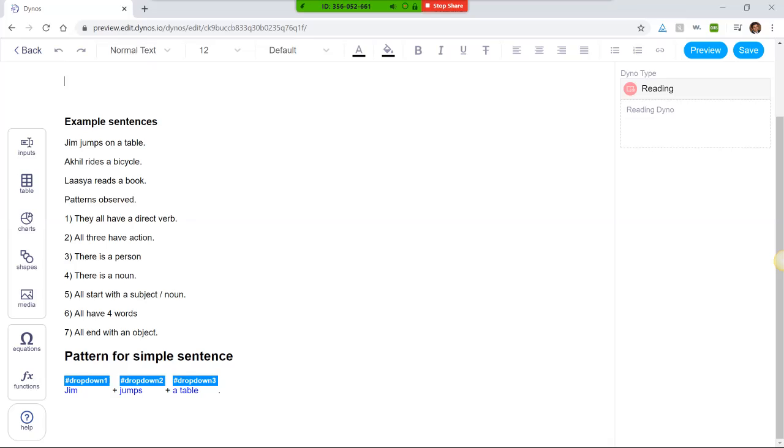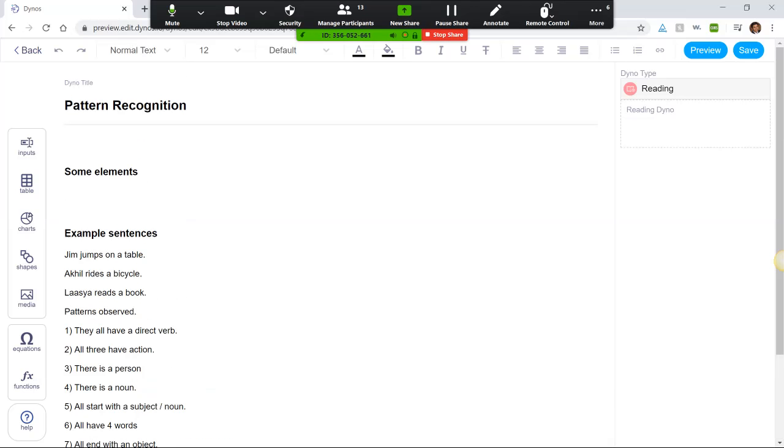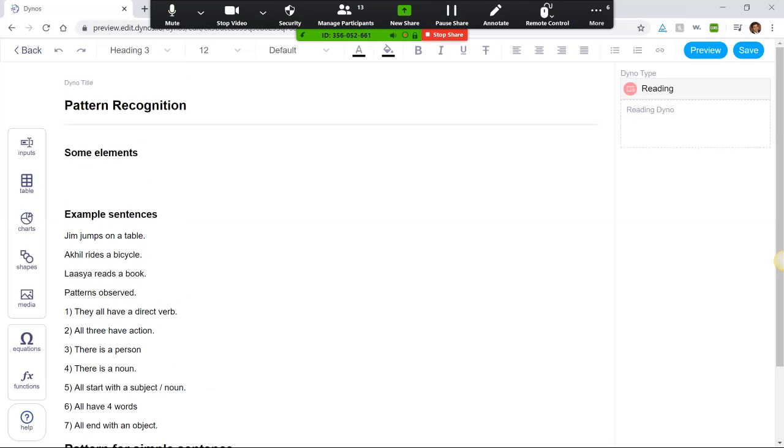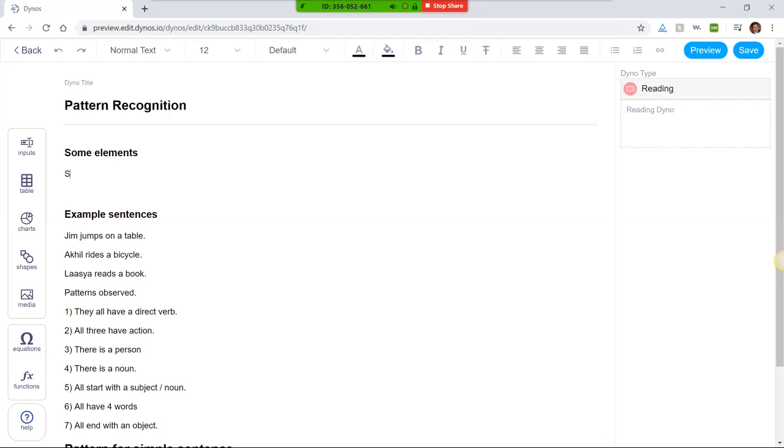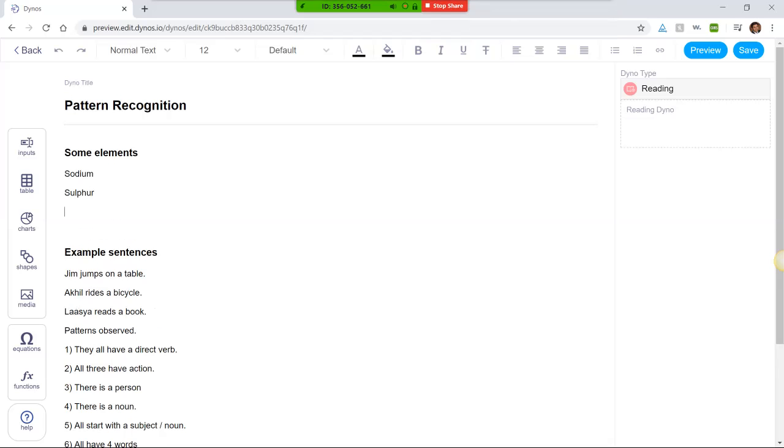Hold on. So elements. Uranium. Lithium. Hold on. So let's do some easy ones. Do you like sodium? Sulfur. Potassium. Hydrogen.